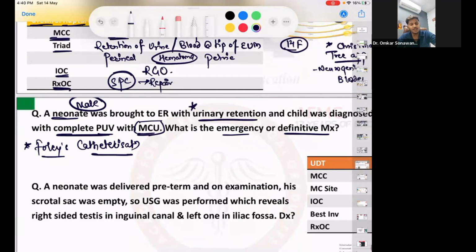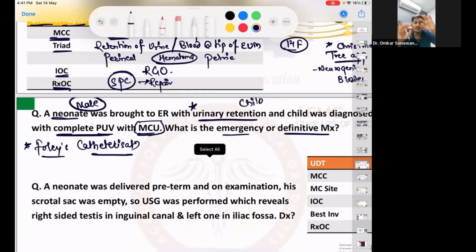If it is only a partial valve, then the child would be brought to you in childhood, and the complaint would more likely be a UTI.